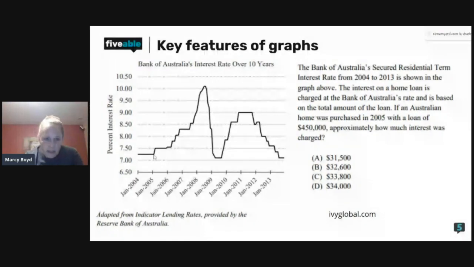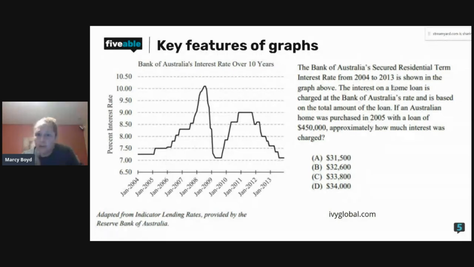Yeah, you're absolutely right. When we look at this, January 2005, I said, okay, that starts at 7.25, and then it goes up. So maybe from January to February, it goes up here to 7.5. And some people will pull their straight edge and say, oh, it went up even more than that, about 7.55, right? We don't know exactly when.